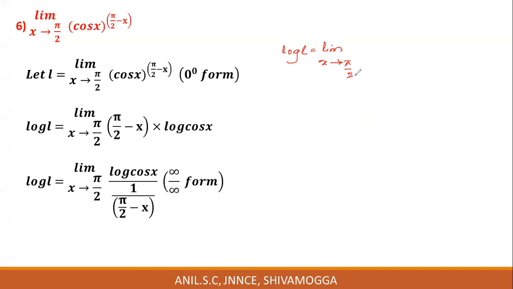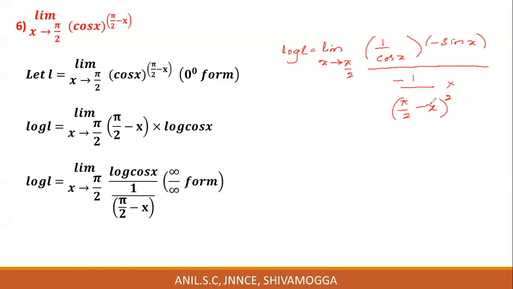The derivative of log cos x is 1 divided by cos x, into the derivative of cos x, which is minus sin x, whole divided by the derivative of 1 divided by pi by 2 minus x, which is minus 1 divided by pi by 2 minus x whole square, into, correct? The derivative of 1 by x is minus 1 by x square. Similarly, the derivative of 1 divided by pi by 2 minus x is minus 1 divided by pi by 2 minus x whole square, into the derivative of pi by 2 minus x, which is minus 1.